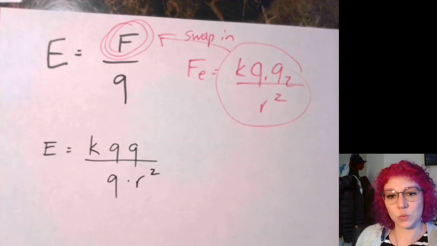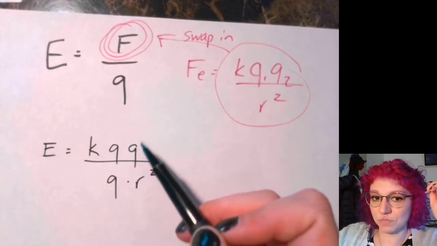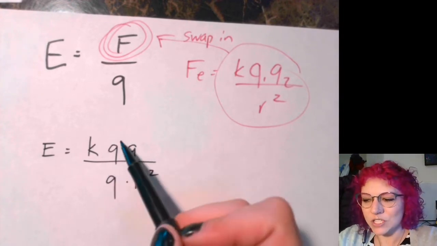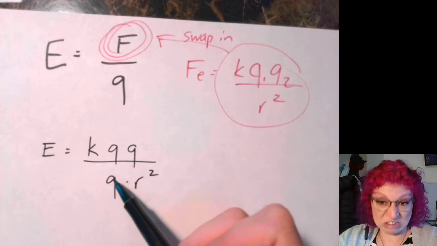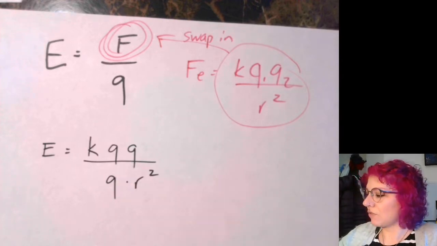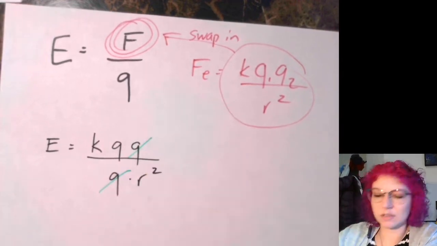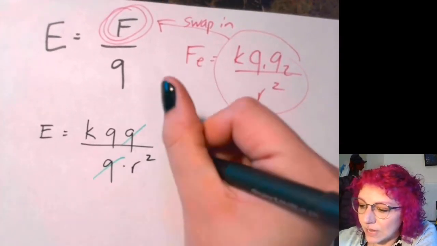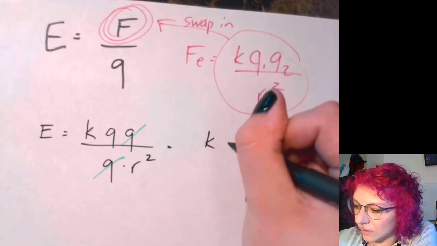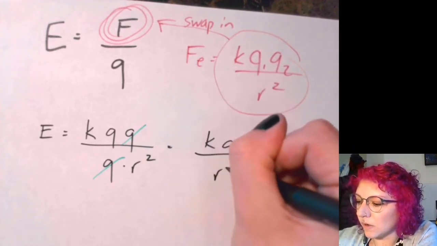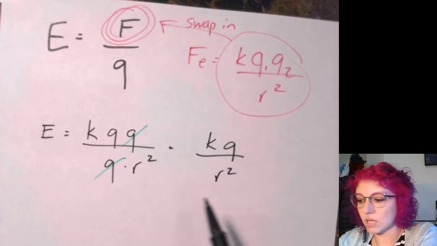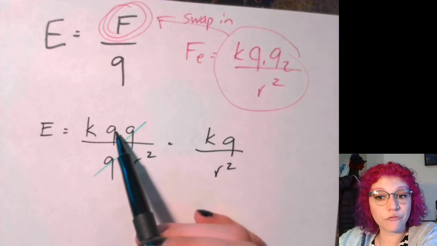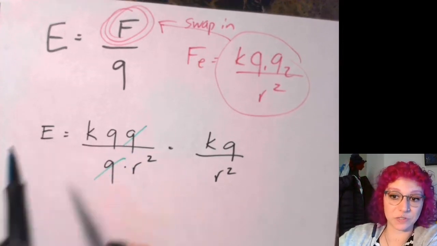In this case, we're looking at essentially just a test charge, so I can say this is just q, q, and Q. From that, we can cancel out a set of charges, and we are left with K times Q over R squared. So all we've done is swapped in Coulomb's law to find the force associated with an electric field.